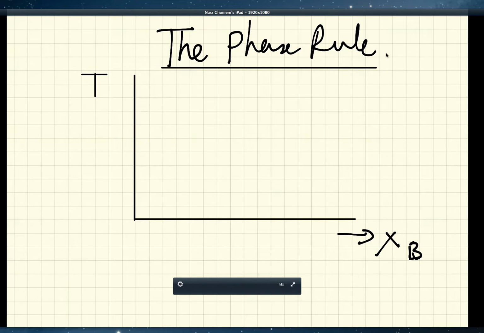On this plot between T and X, I have phase boundaries, a boundary like this and a boundary like that. On this side I have an alpha phase, on this side a beta phase, and in between the alpha and beta phases coexist.